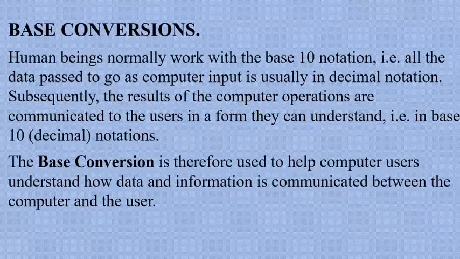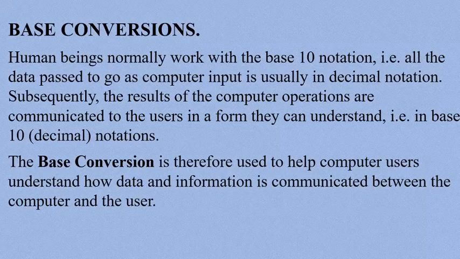Then let's look at the mathematical part of it. Be prepared. We are now doing the conversions. Base conversions. Human beings normally work with the base 10 notation. That is, all the data passed as computer input is usually in decimal notation. Subsequently, the results of the computer operations are communicated to the user in a form they can understand, that is in base 10.